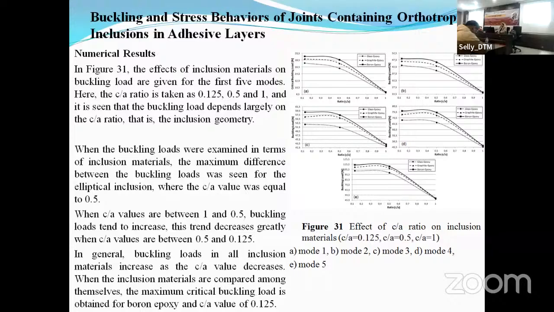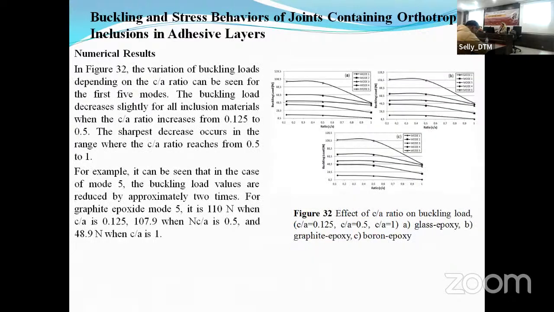This is important for me. I'm a member of the mechanics division. You can see all the mechanical behavior in different modes. When you do a buckling analysis, you can get a first mode. It gives us the critical buckling load, but it's not the only one.